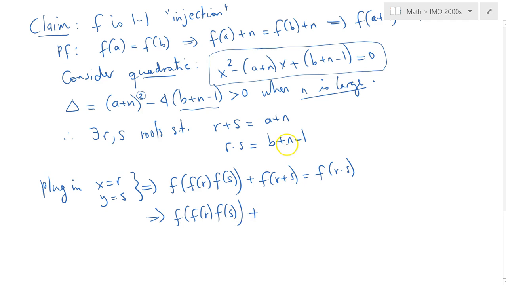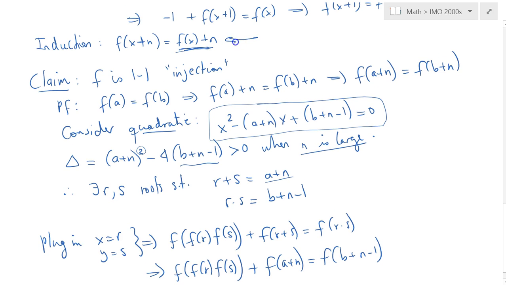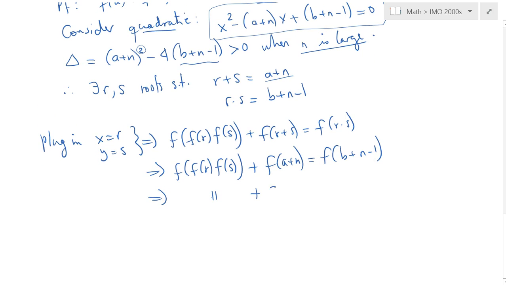Now r plus s is just a plus n, and r times s is just b plus n minus 1. By the induction result that we got earlier, this is simply equal to f of a plus n, and the right hand side is f of b plus n minus 1.